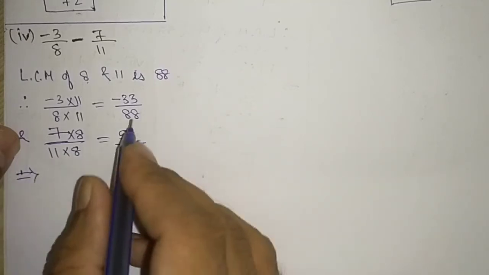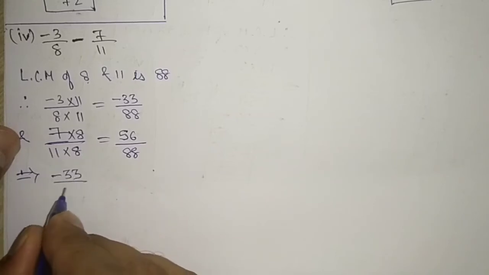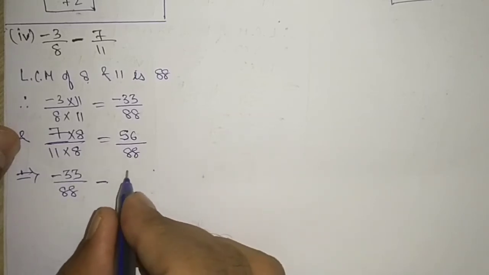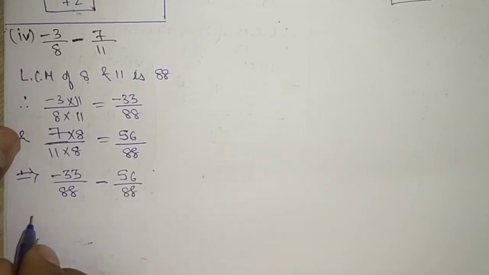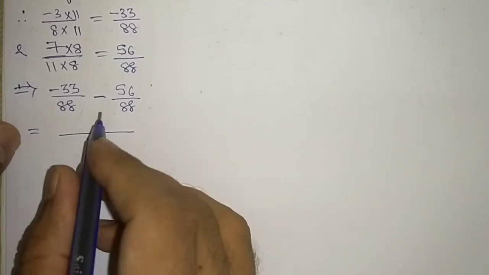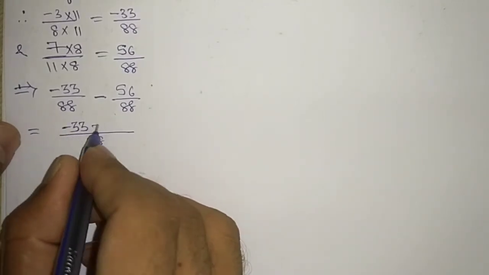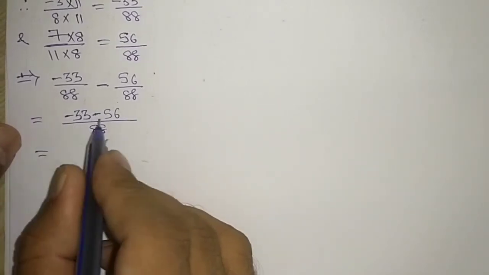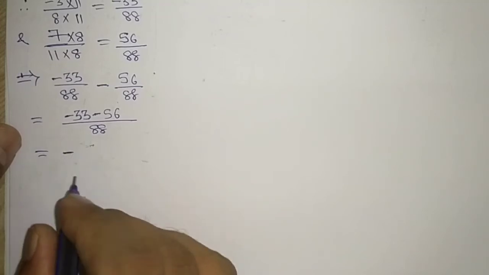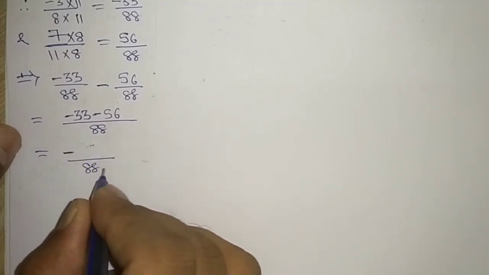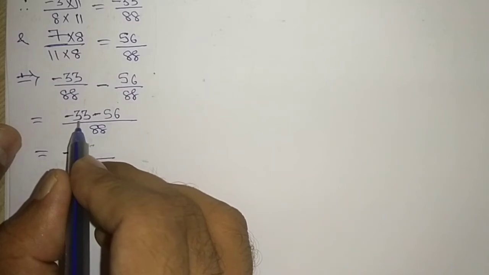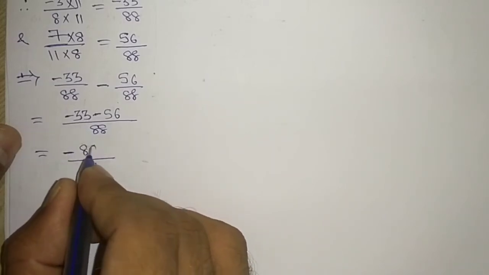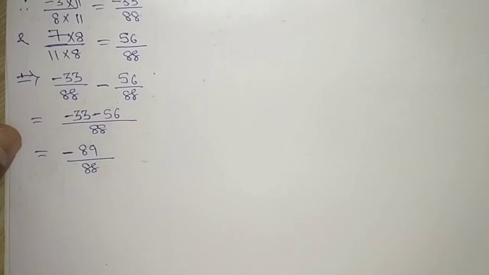Therefore minus 33 divided by 88 minus 56 divided by 88. On solving further, the denominator is 88 and the numerator is minus 33 minus 56. Since the signs are the same, we keep the same sign and add the numerators. 56 plus 30 is 86, 86 plus 3 is 89. So our answer will be minus 89 divided by 88.